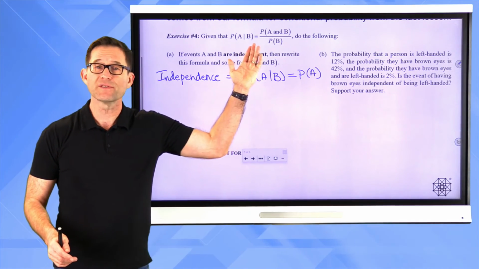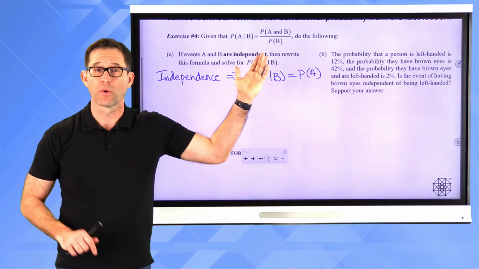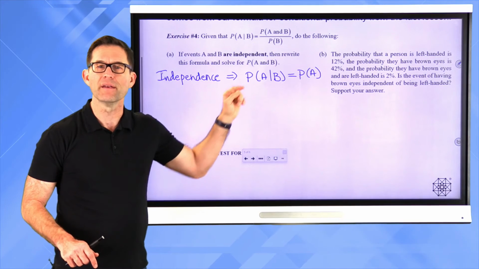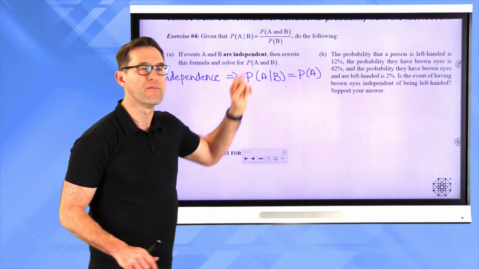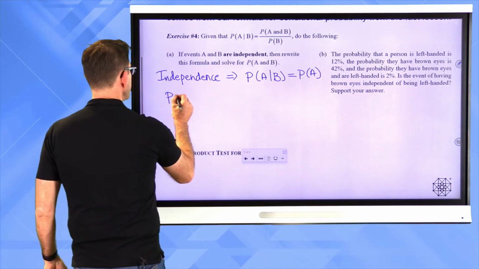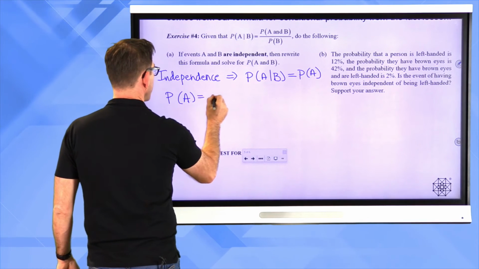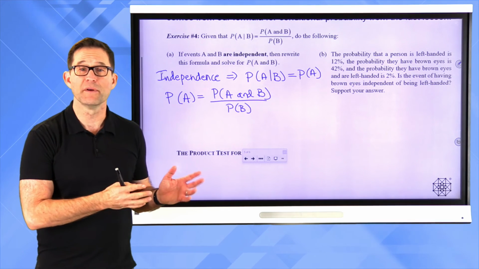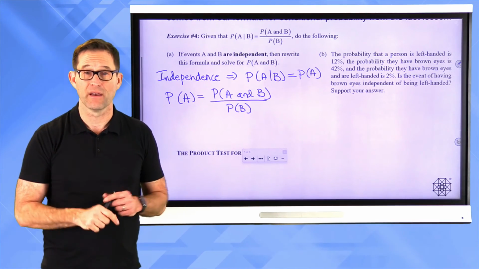So I can take this formula, which always works for conditional probability, and say, well, if the two events are independent, then I'm going to replace probability of A given B with just the probability of A. So this formula will always be true for two independent events.